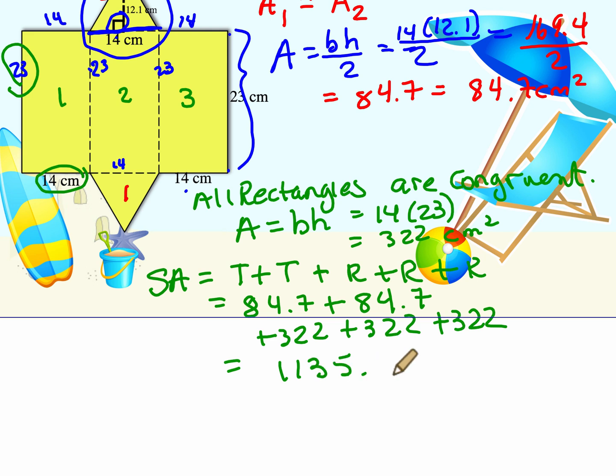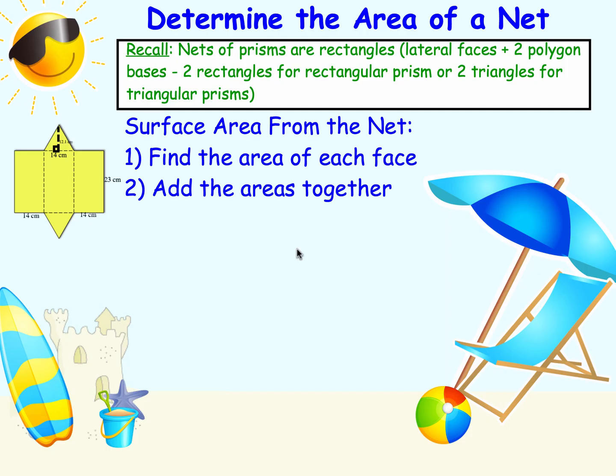And remember, this is still area, so it's centimeters squared. Okay, so in summary, to find the surface area from the net, you're finding the area of each face, and you're adding those areas together.